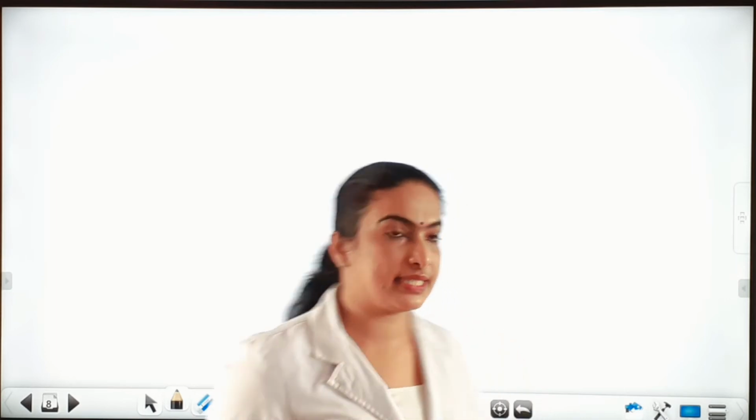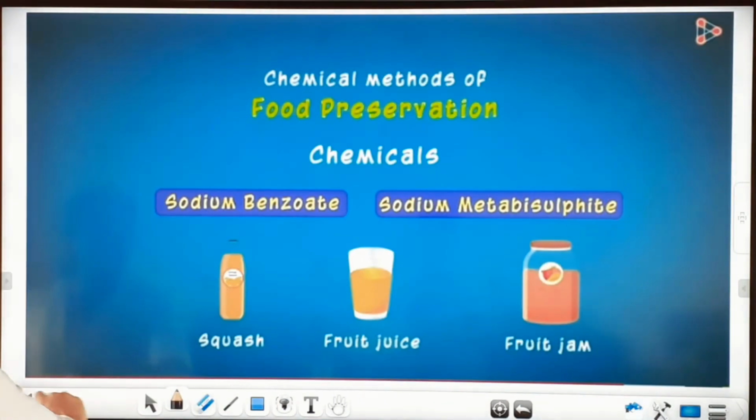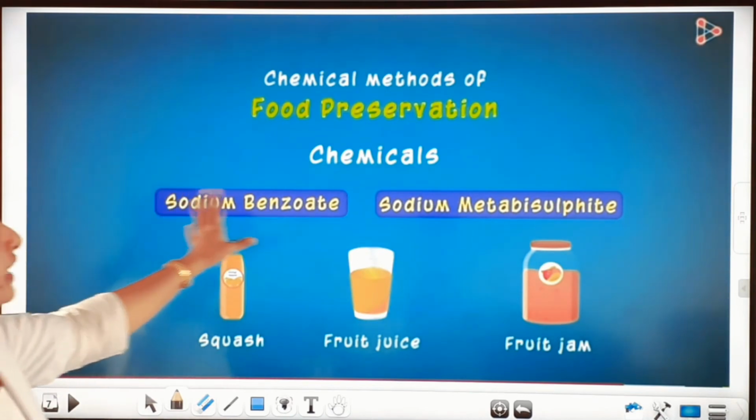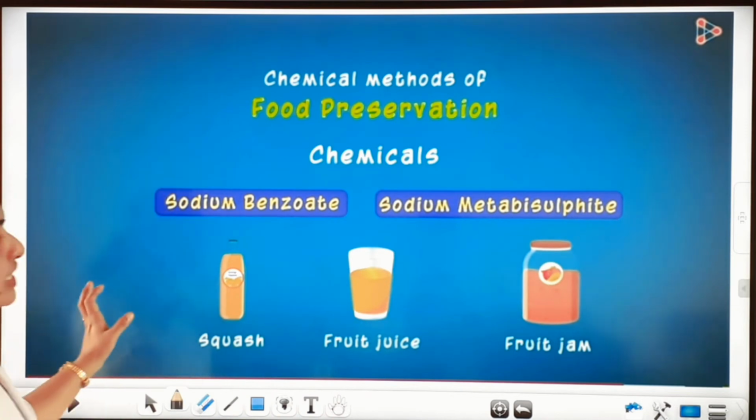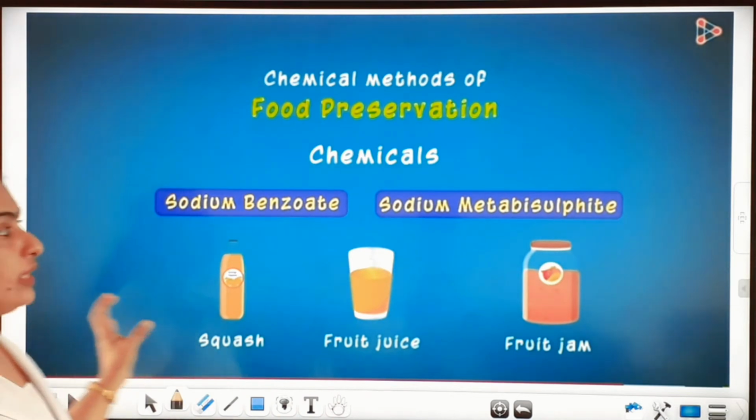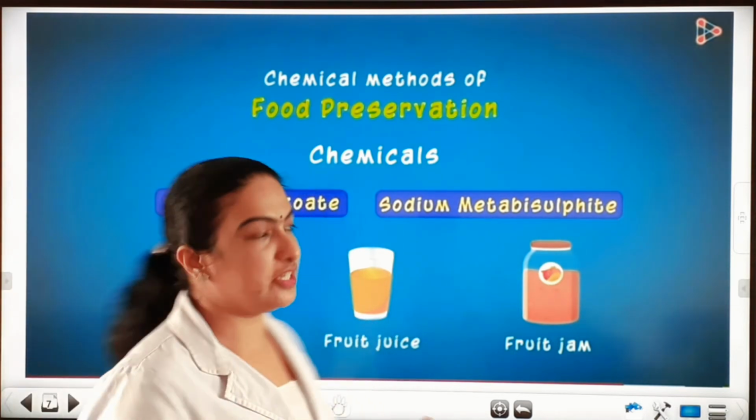To keep the pickle for long at home, we can use vinegar. But in large scale preservation, we can use some chemicals such as sodium benzoate and sodium metabisulfate. These are the commonly used chemicals for the large scale preservation.